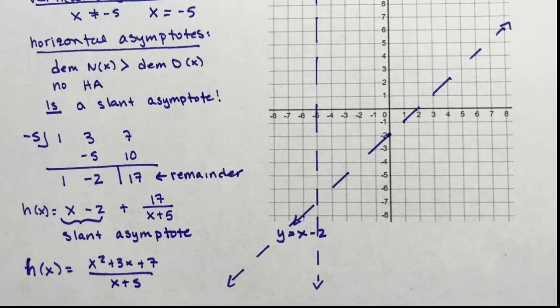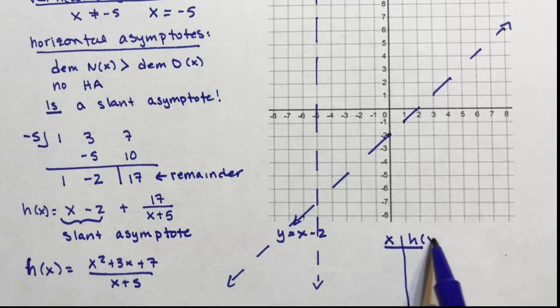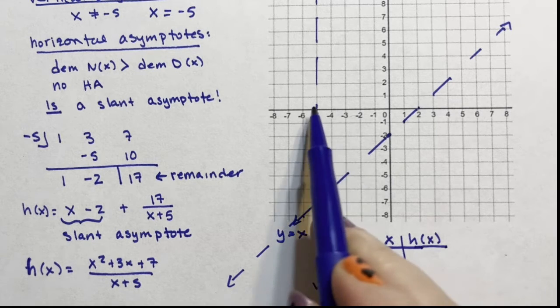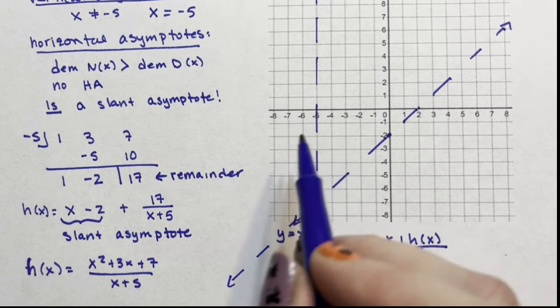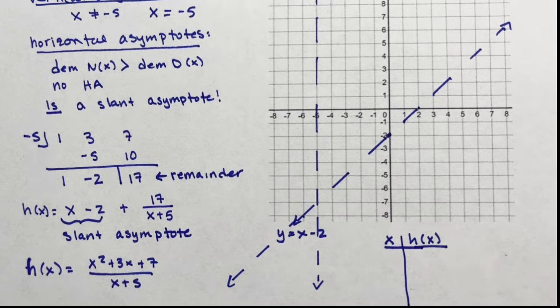And then the way I'm going to graph this is I'm going to do a table of values. So I have x and h of x. My asymptote is at -5, so the values I'm going to choose are going to be right around that -5. So I'm going to choose -7, -6, not -5, -4, -3, -2.